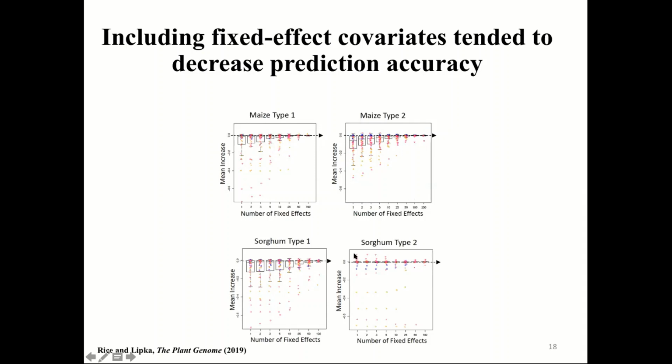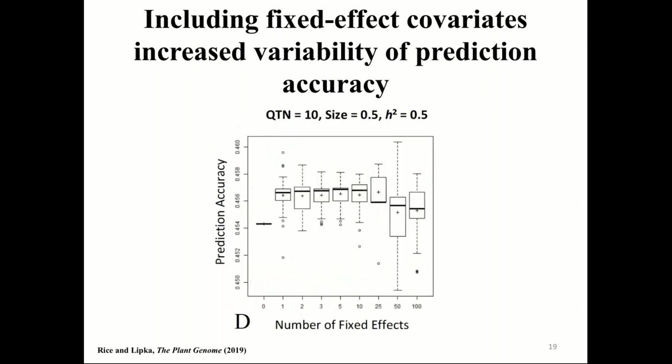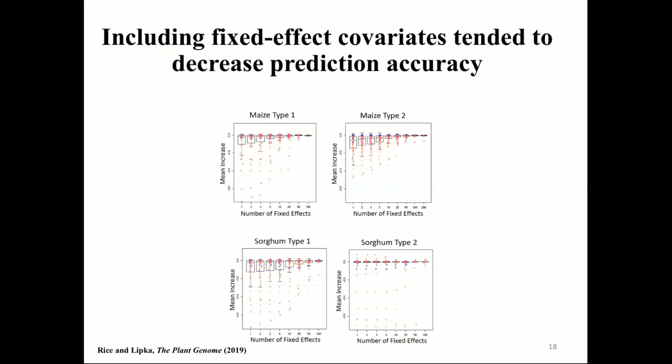So, for example, if we go to these sorghum type 2 traits, we see some dots that are above the y-coordinate of 0, and these are instances where we see an increase in prediction accuracy. So this result I'm showing over here happens to be one of the instances in the simulated genetic architectures where we see an increase. Does that answer your question?